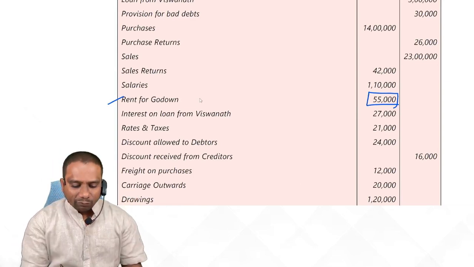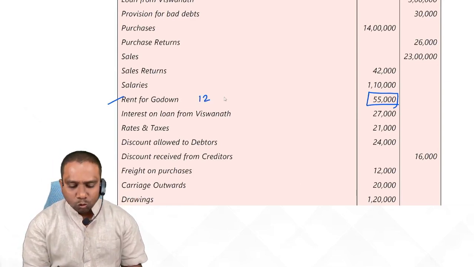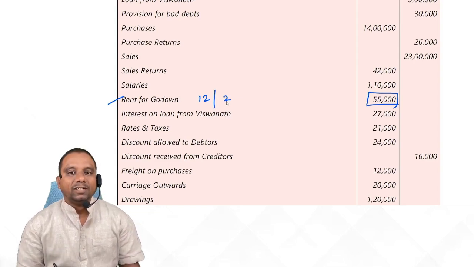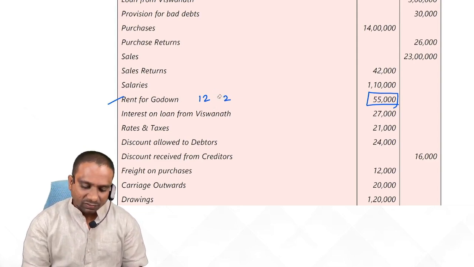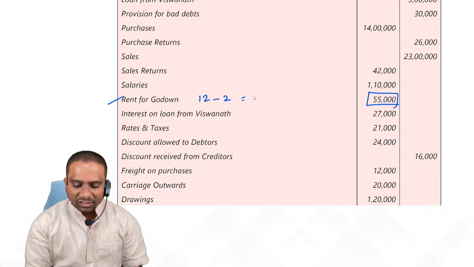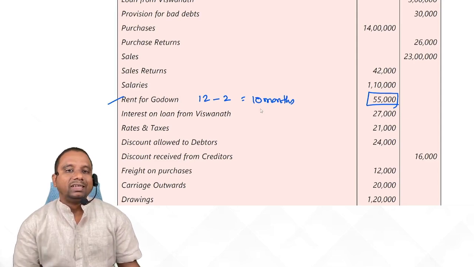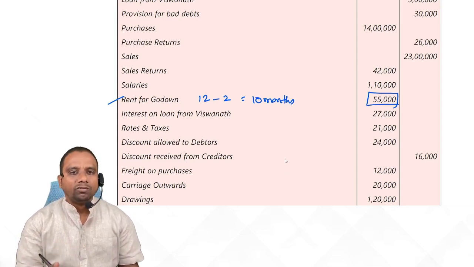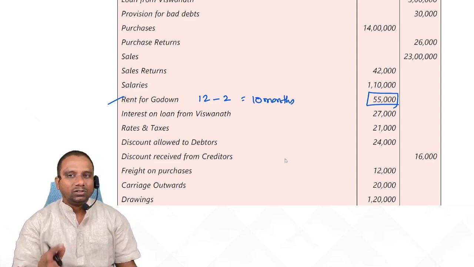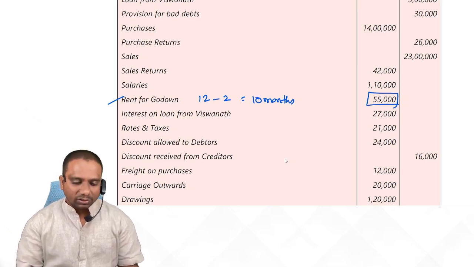In a year we have 12 months. They are saying 2 months godown rent is outstanding. Means whatever the rent here they have given, that is for 10 months. So per month rent is how much? 5,000. 5,000 into 2, 10,000 rupees. Is it clear, students?